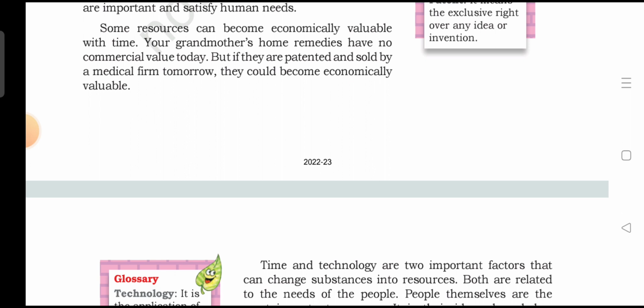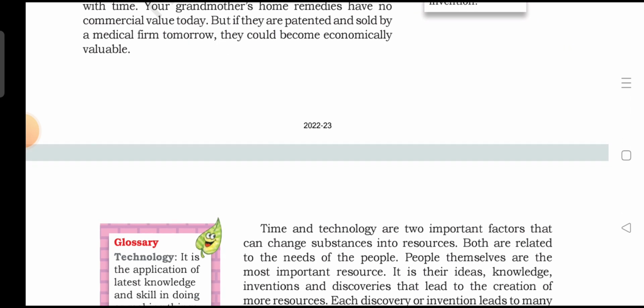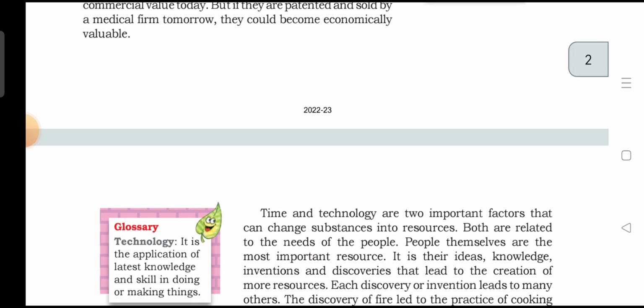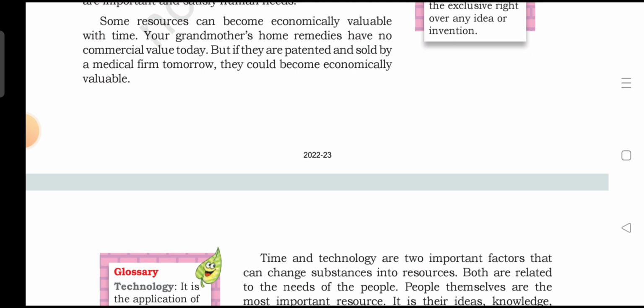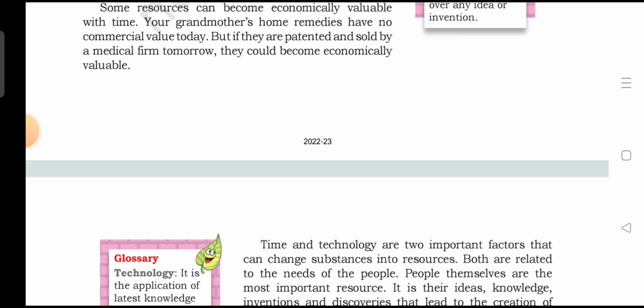She says that you drink this kadha, you will be fine in just minutes. So all these remedies are not having values. But in time, when it is researched in a scientist's lab, and if it is proved that these remedies are very good for the health, then of course they will have the economic value, right?